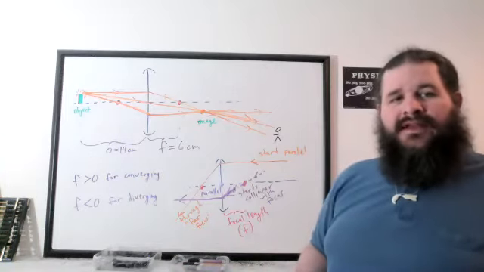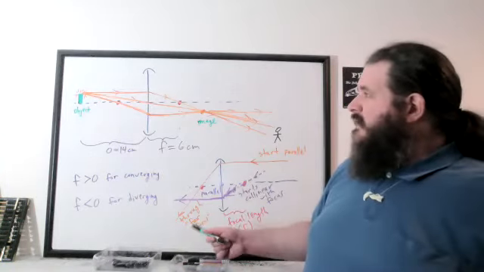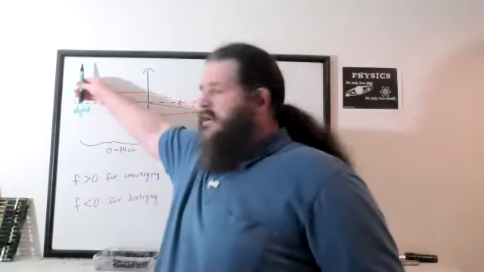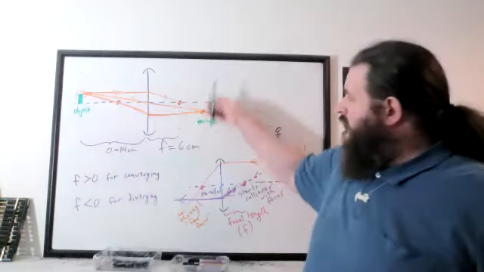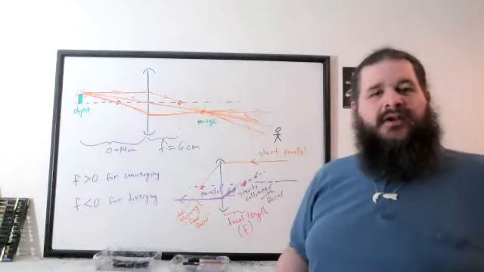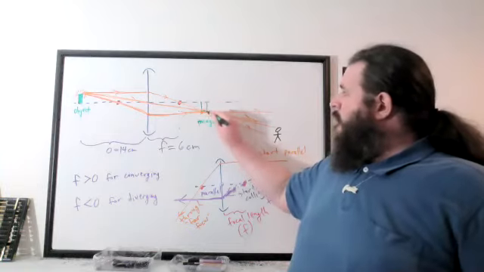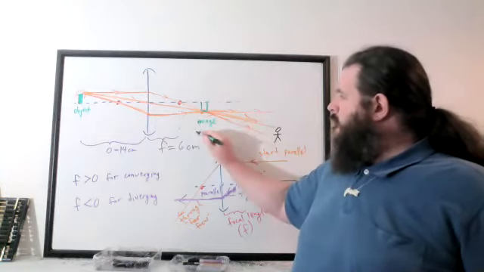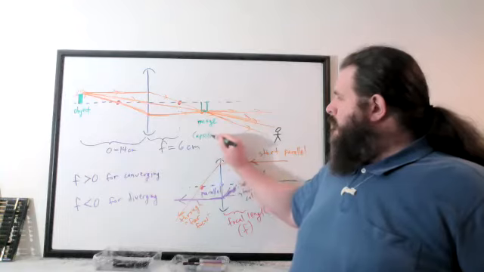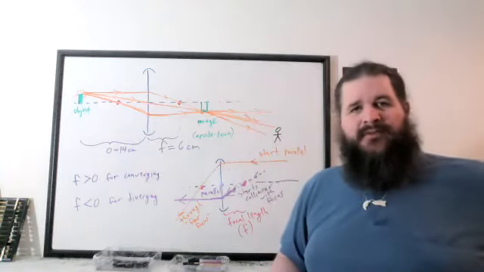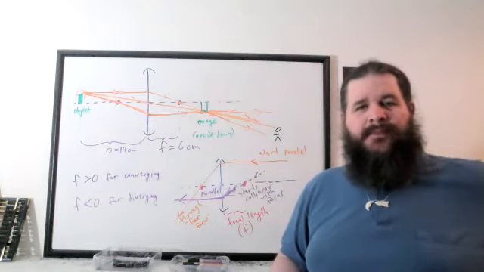So what you're going to think you see is a copy of the object at this location. But since the original object was above the axis, but this new intersection point is below the axis, you're going to see an upside down copy of the object. So we would say that the image you see is inverted or upside down compared to the original object.